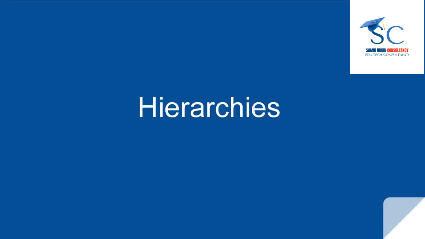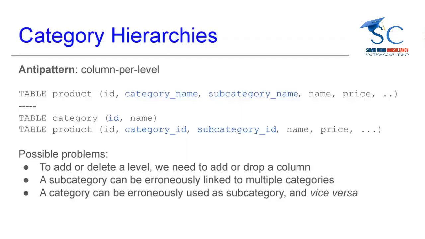So let's switch to another topic, hierarchies. A typical hierarchy is when you have, for example, products which belong to categories, but you have nested categories. Okay, so the simplest anti-pattern is the first thing you can see here.